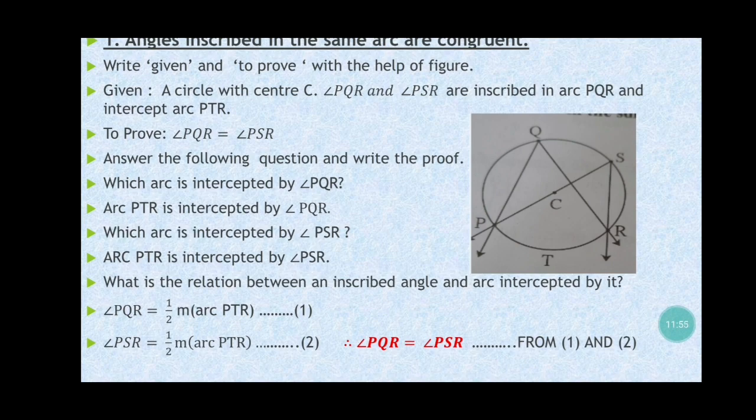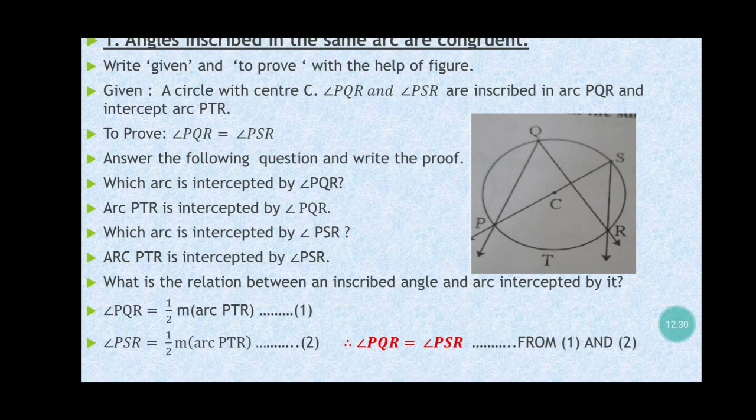Now, inscribed angles. Which are the inscribed angles over here? Angle PQR is inscribed and angle PSR is inscribed in arc PQR or arc PSR, right? What we have to prove over here? We have to prove that angle PQR is equal to angle PSR, right?